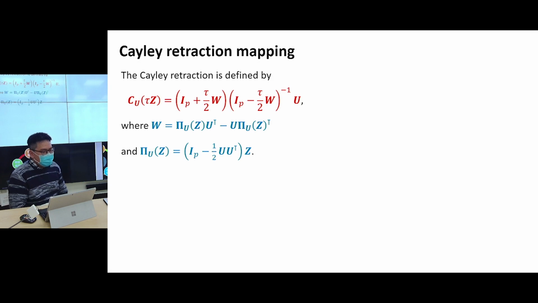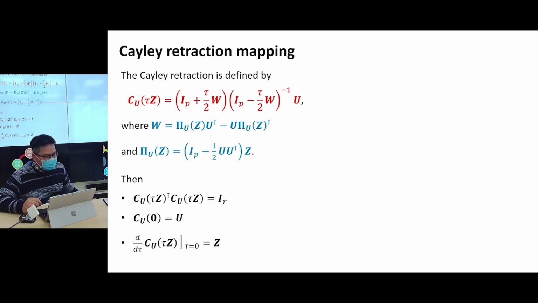So C of tau Z, where Z is a tangent vector in the tangent space, is equal to this formula, where W is equal to capital Pi_U of Z U transpose minus U capital Pi_U of Z transpose, where capital Pi_U of Z is equal to this formula.